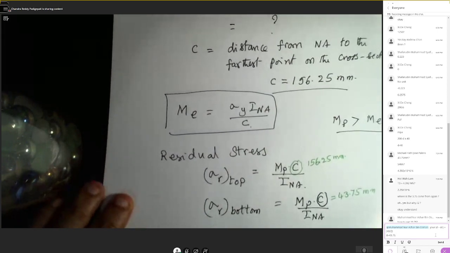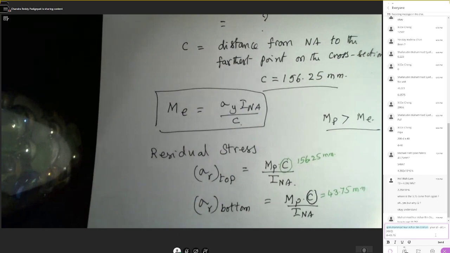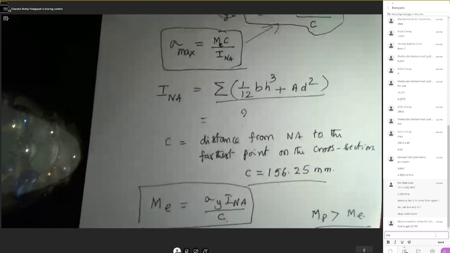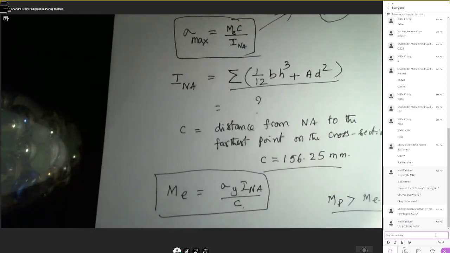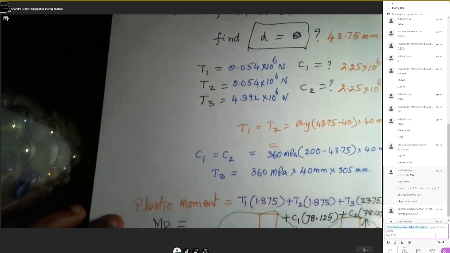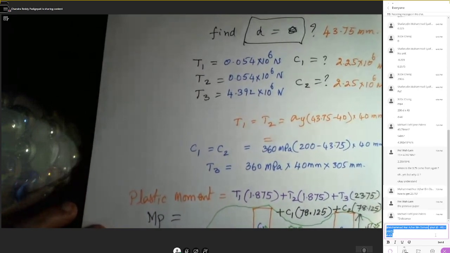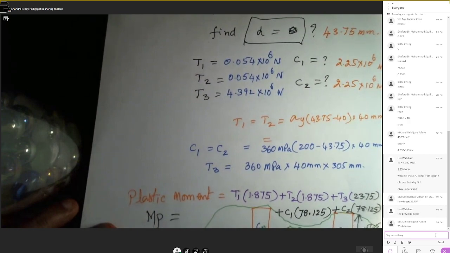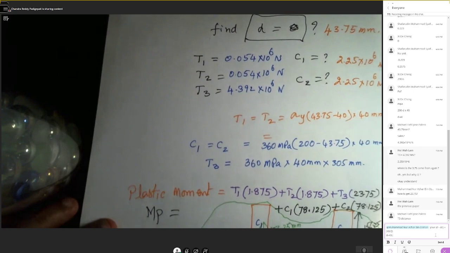Guys, any questions? Let me know. Noor Azhar is asking about 23.75. Where is the 23.75? In the previous paper, let me check. Oh, the T3 distance. Okay, the T3 distance is 43.75 over 2.